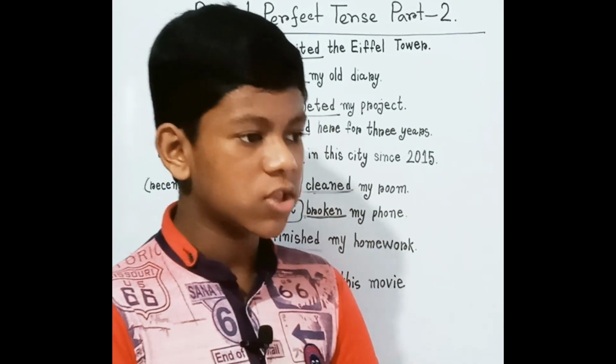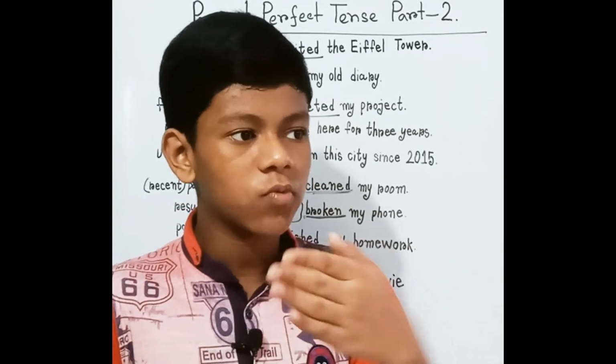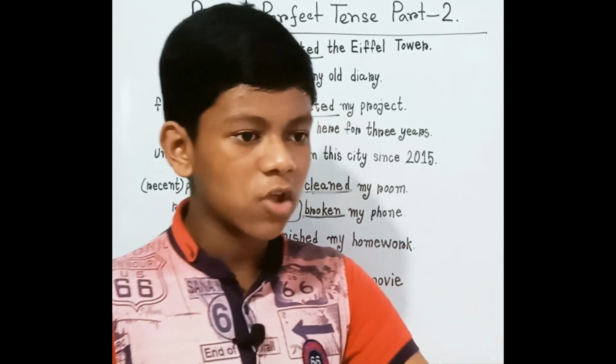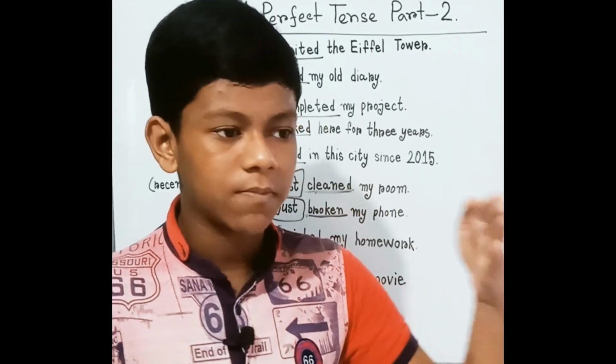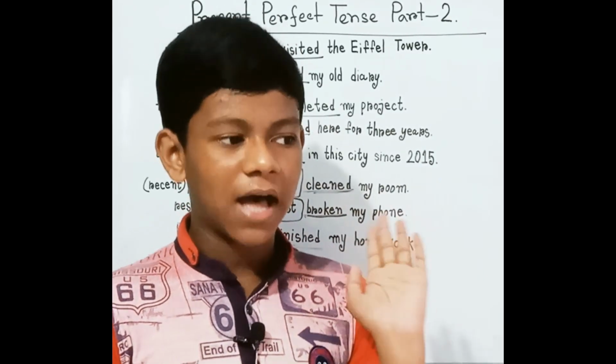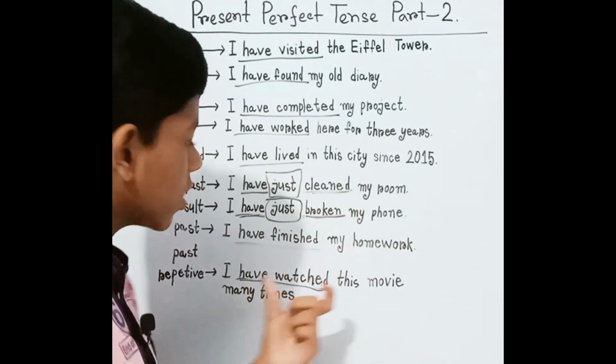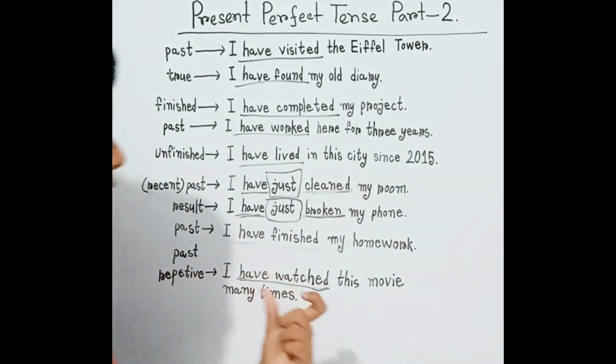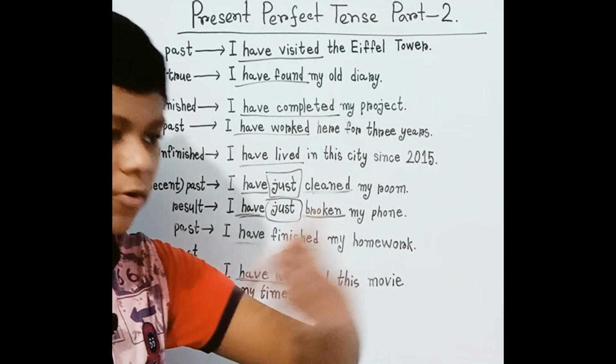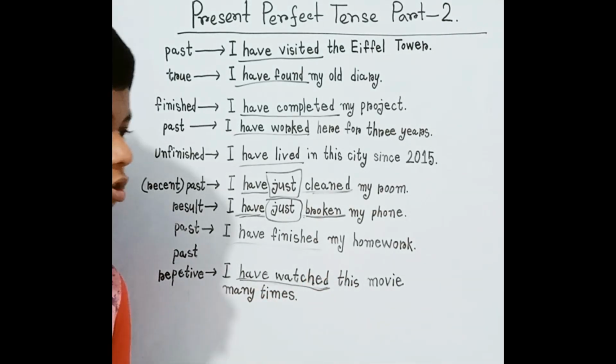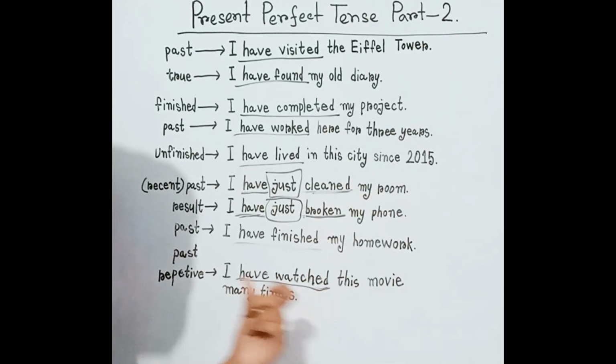You have watched these movies at multiple times, or that movie can be divided into many episodes, so you keep watching it in different episodes at different times. So the action is repeated in the past. The work has been done in the past and the action repeats. So we can use this tense.